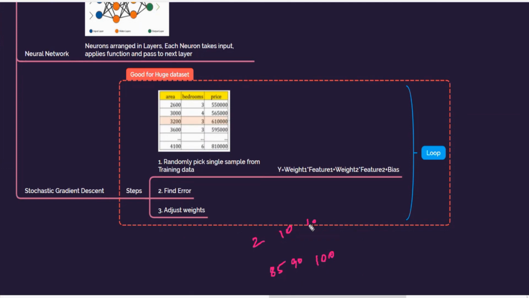Then accordingly our output value also will change, and the error rate will start reducing. So this will be processed in a loop until it reaches the actual value. Like this, it will take random data and perform this particular operation.